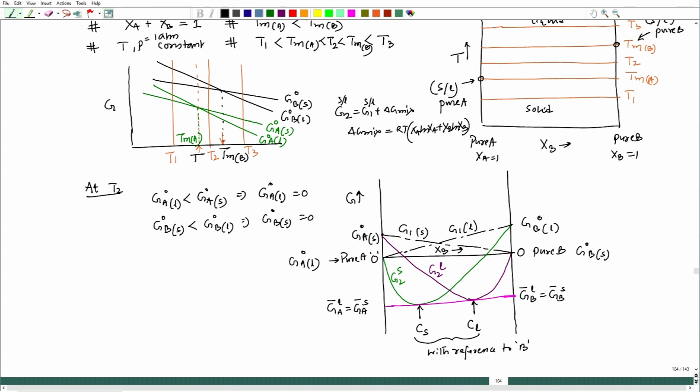Now, I have to just put these 2 points over the T2 line on T versus XB. So, those 2 points, one point would appear here and another point would appear here. So, this is C solid and this is C liquid.